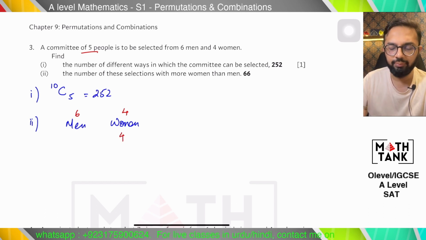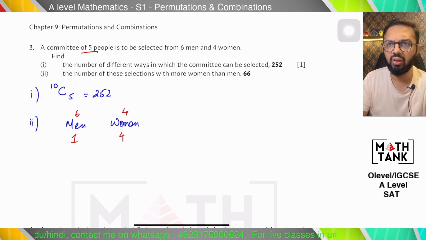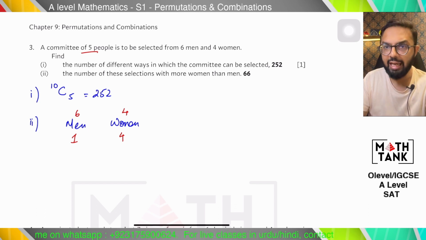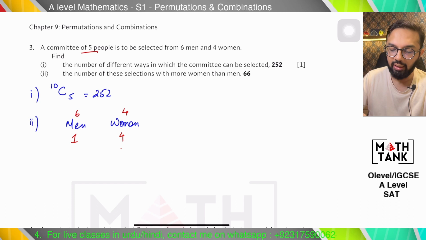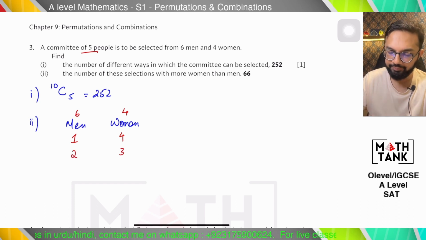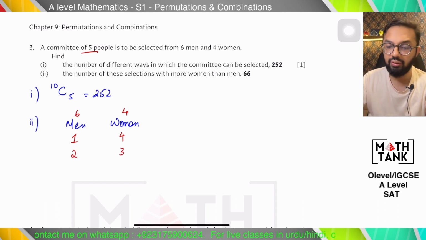Okay, so 4 and 1. I can't have 5 and 0. Why? Because 5 women are not possible. You cannot have 4C5 because n always has to be greater than the number of objects that are to be selected. Then I could have 3 and 2. I couldn't have any other case here because 2 and 3 would not give me more women than men.